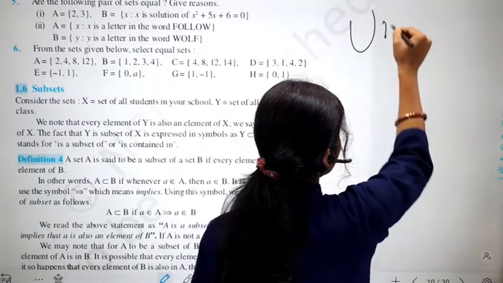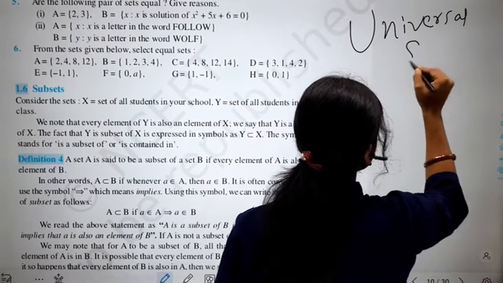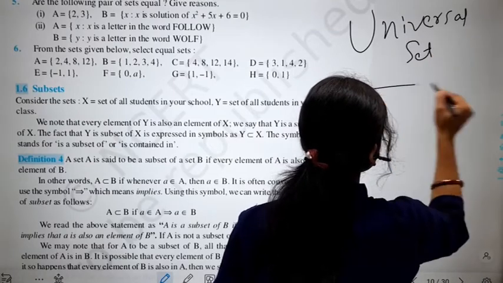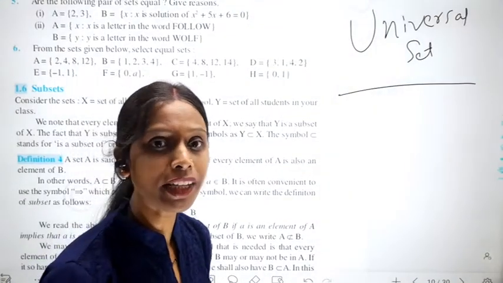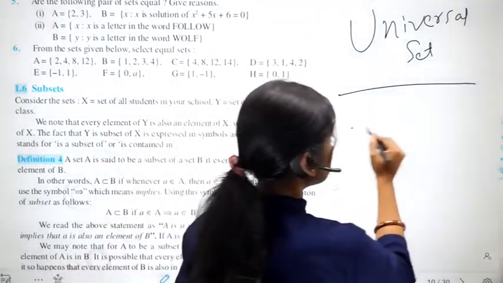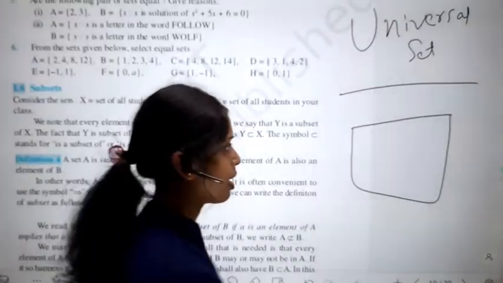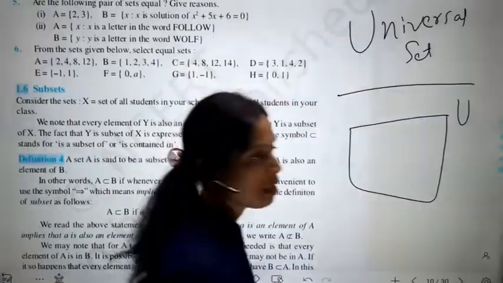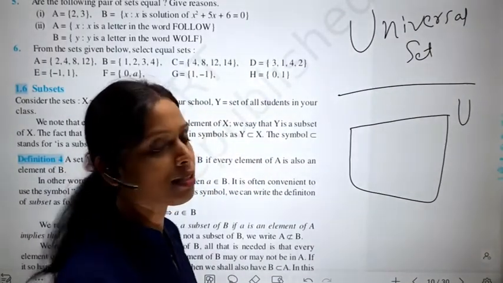And universal set, if you are going to represent a pictorial representation of the universal set, then you can use this as a D set. This is a pictorial representation of the universal set.